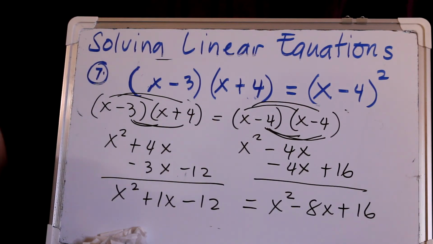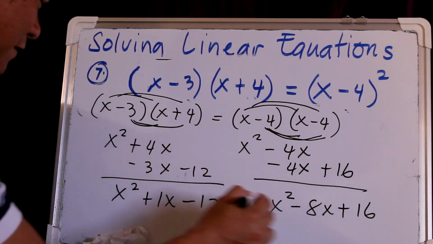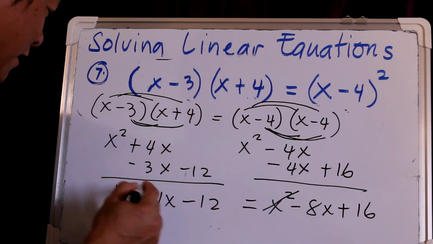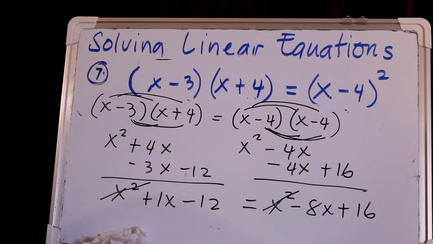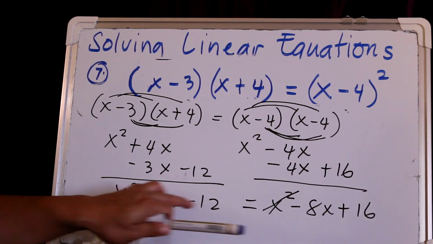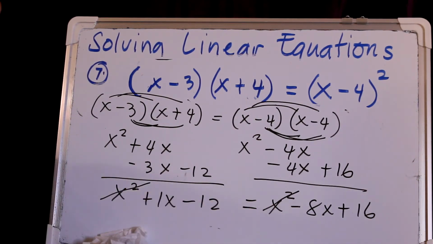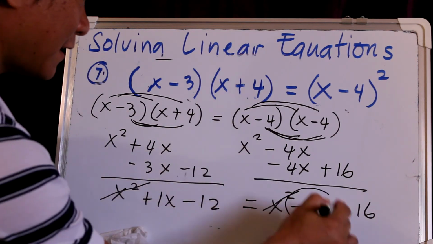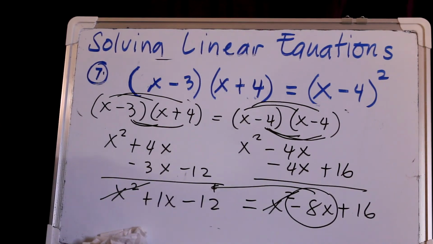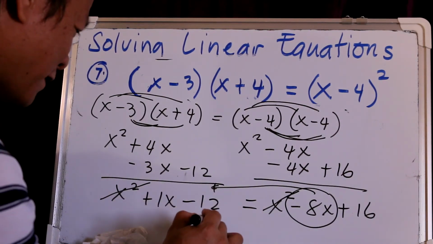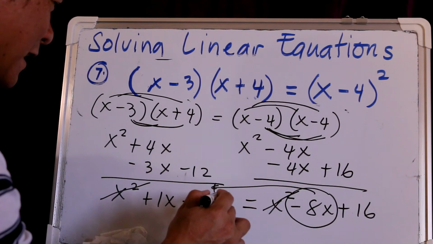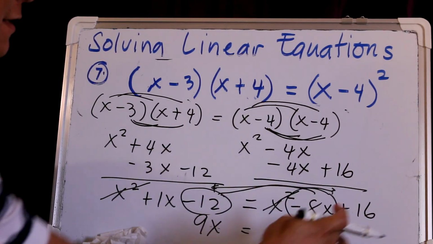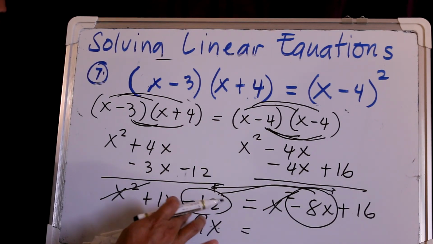Okay, now see, when you transfer this to the other side, it becomes negative. So negative x squared, we can cancel that one out there. So what you have is 1x here, and you have an 8x here. So when we combine that, let's say transfer this to the other side, it becomes plus. So you will have now 9x, and then this 12 goes to that side. That means 16 plus 12.